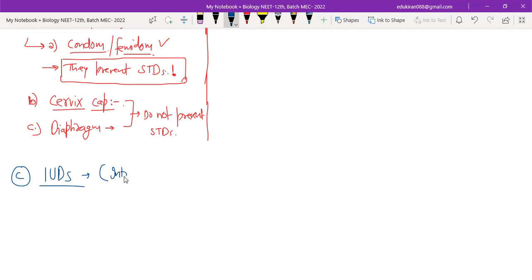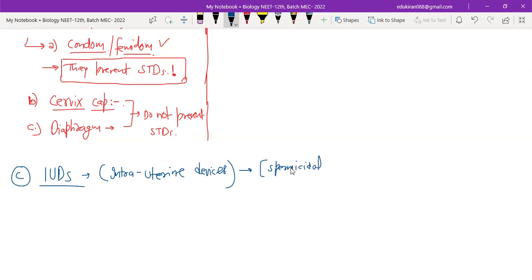As the name suggests, they are called intrauterine devices. Intrauterine devices. Most of the IUDs are spermicidal in nature.